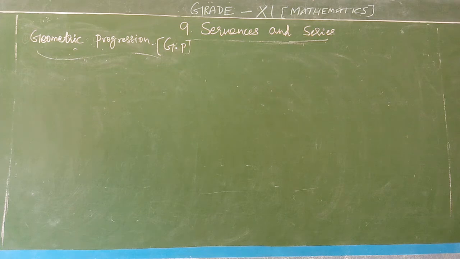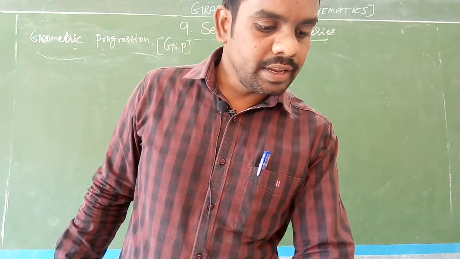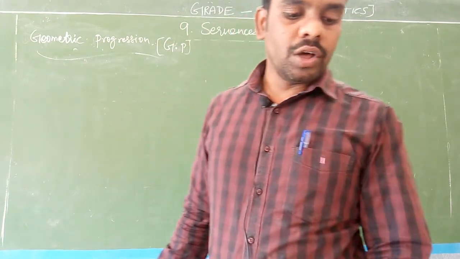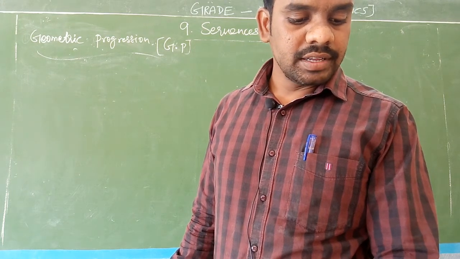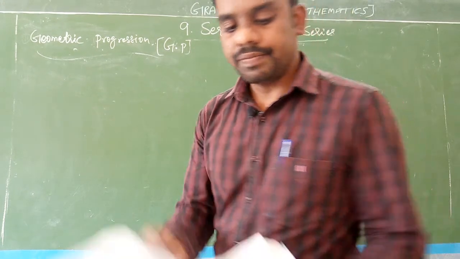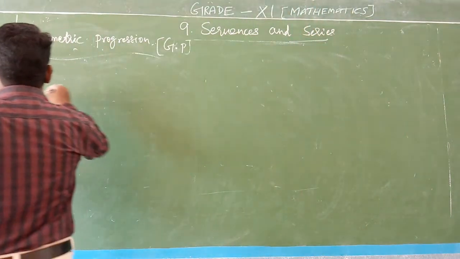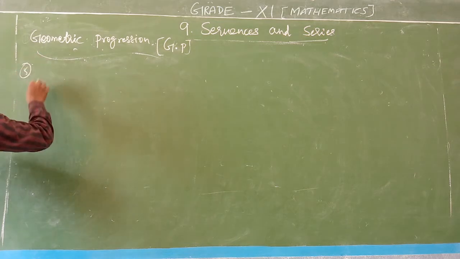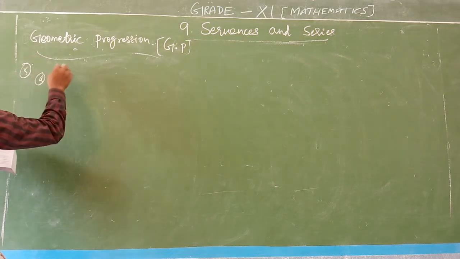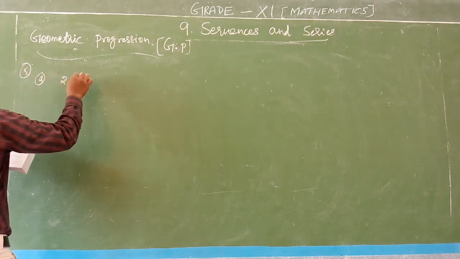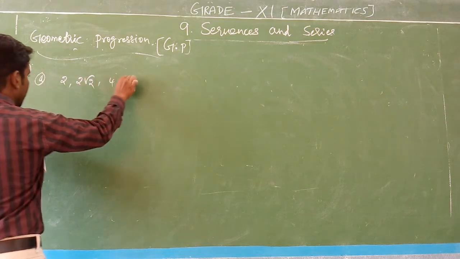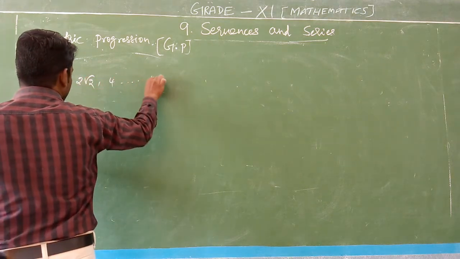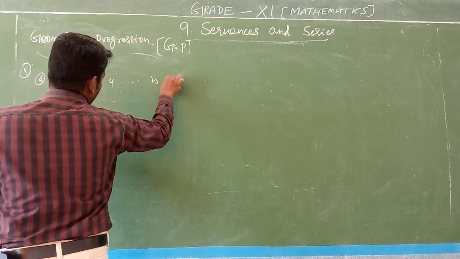Next, the fifth question. Which term of the following sequence: question A, 2, 2 root 2, 4 and so on, is 128?